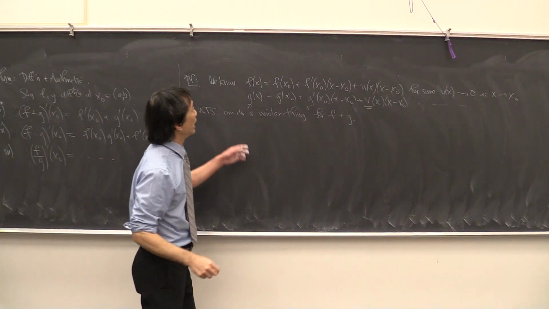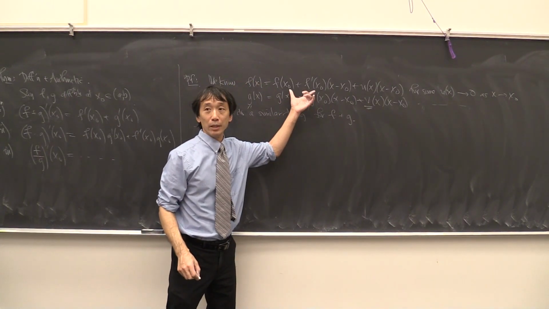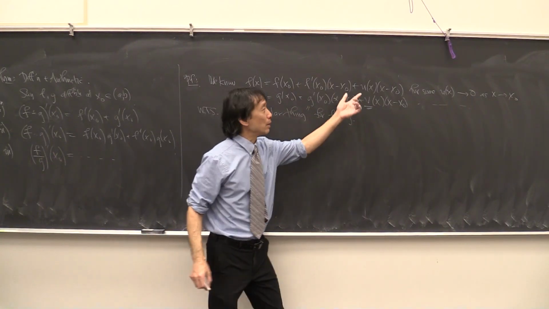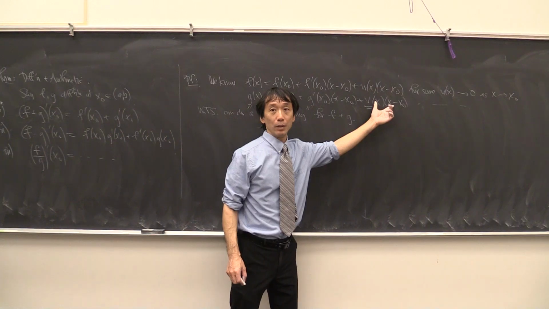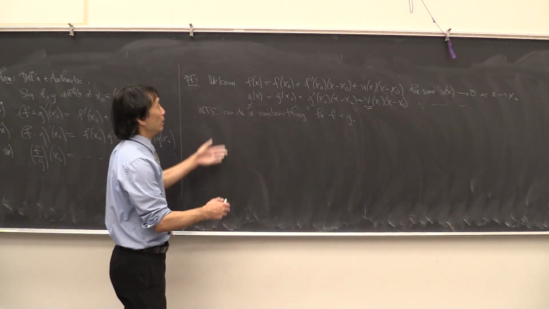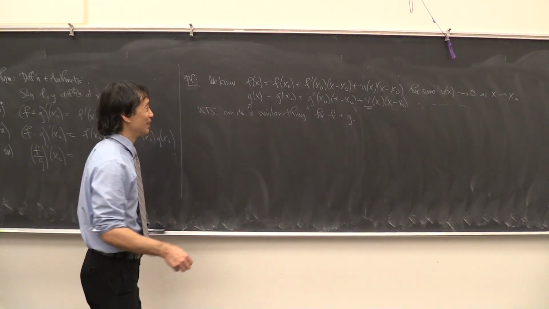In other words, that we can write f plus g as the tangent line plus some error that goes to 0 in a strong way. Okay, so can we do it? Well, we've got f and we've got g. We just add them together.